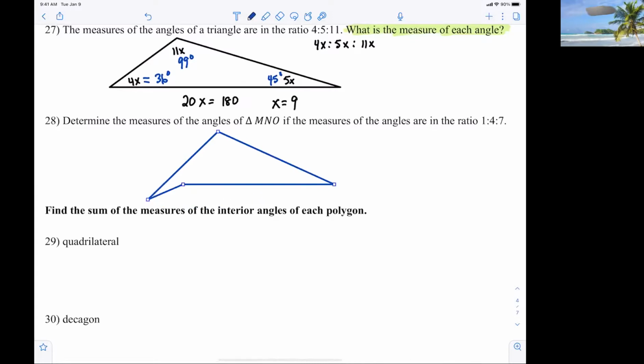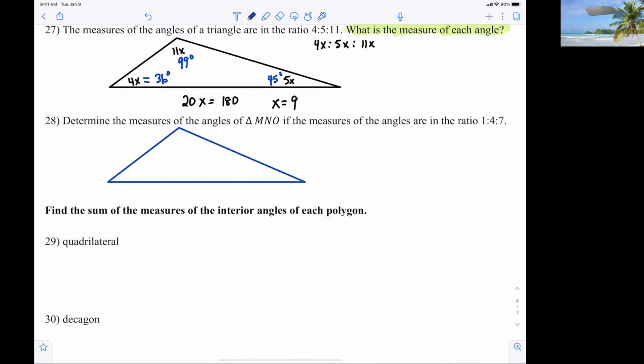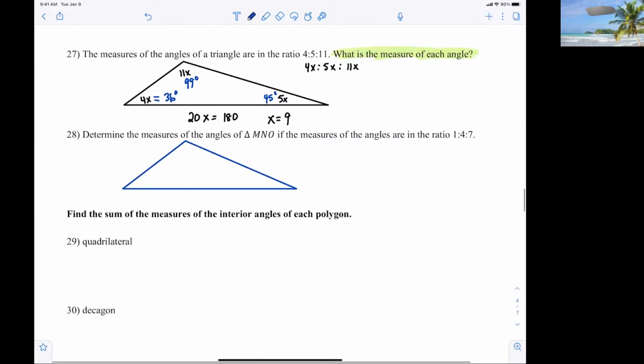Tell me about this triangle. What am I doing? Come on, kiddo. Yeah, you can do M and O. And they're in a ratio of what?